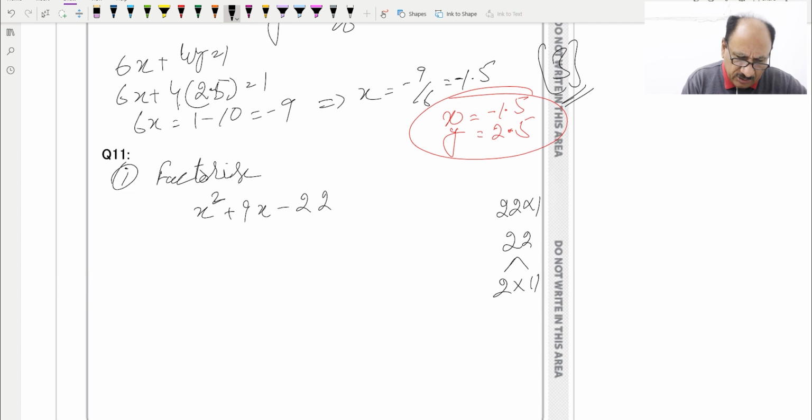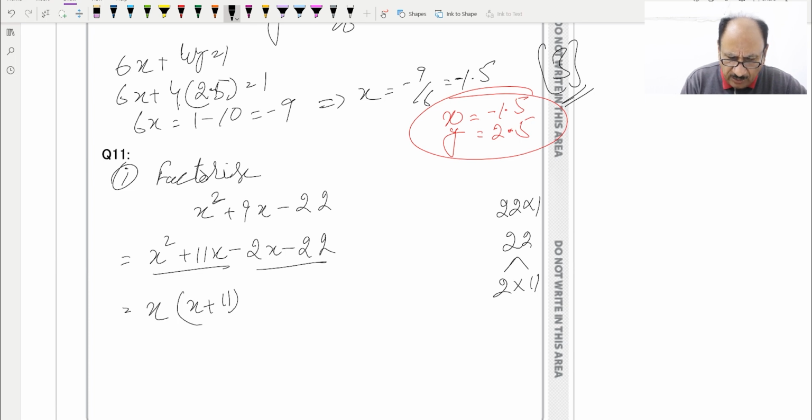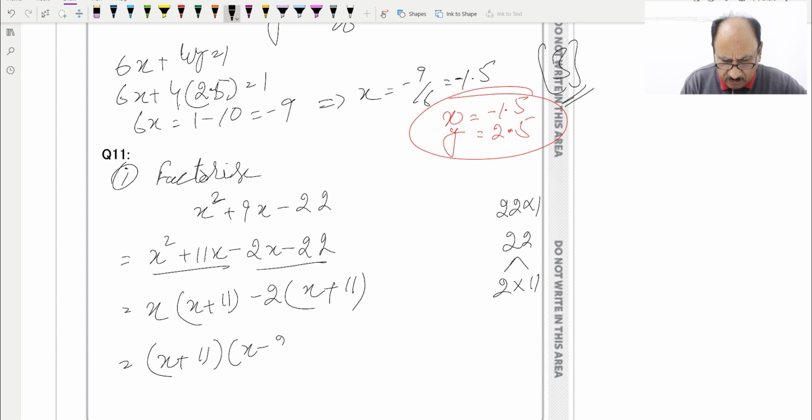So 11 should be plus because we need plus 9, so x square and plus 11x and minus 2x and minus 22, and then we'll be making the pair, x common from first pair, so x plus 11, and minus 2 common from the second pair, so it will be x plus 11. So this will be x plus 11 and x minus 2, and this will be the final factorization which is required, which we have done, and this was 2 marks part.